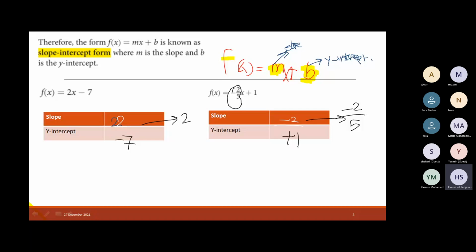So up to now, we learned what I mean by the linear function and how I can find the slope from the equation. From the equation, no need to graph, no need to draw the table. Just look at it. From the linear function, you can find the slope and the y-intercept.